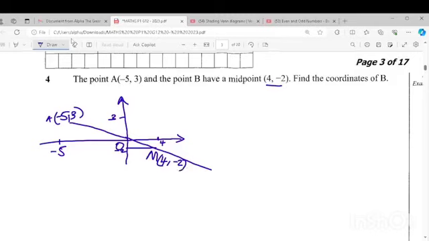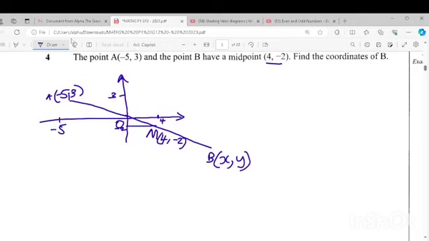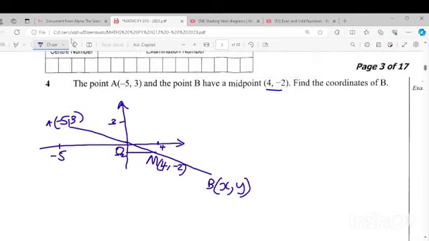I'm writing this so that you see what is going on. Now, this is A, meaning B is here. We are told to find the coordinates of B.